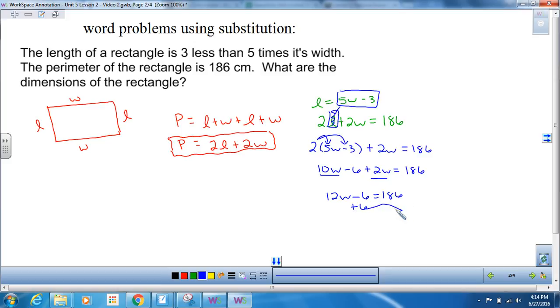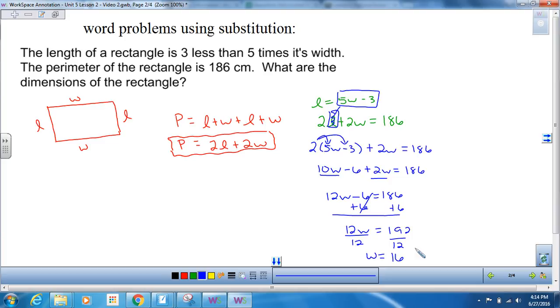Add 6. Divide by 12. And we get that W equals 16. Okay, so the width is 16.